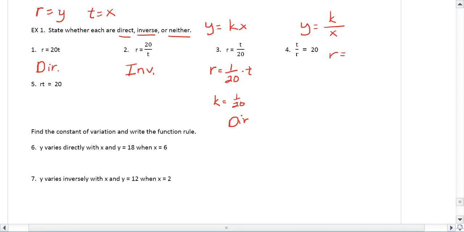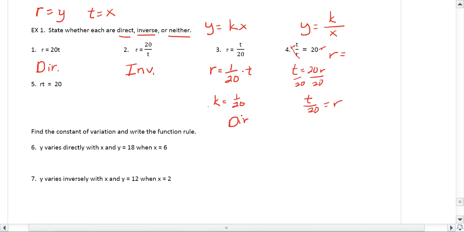We needed to multiply both sides by r so that they cancel. So then I get t equals 20r. But I haven't solved for the y yet, or in this case the r, so we need to divide both sides by 20, and then I can see I have t over 20 equals r.